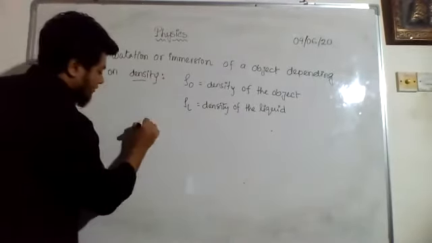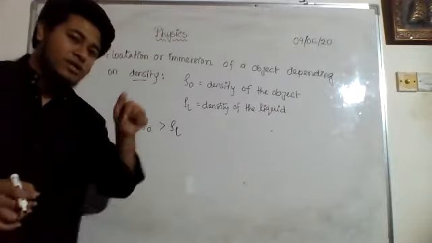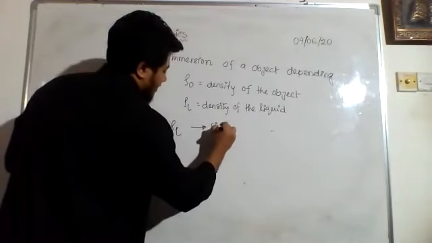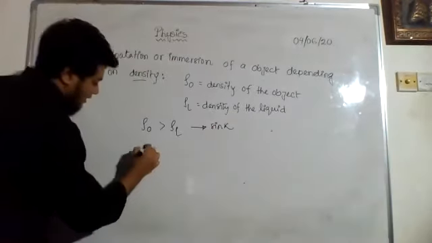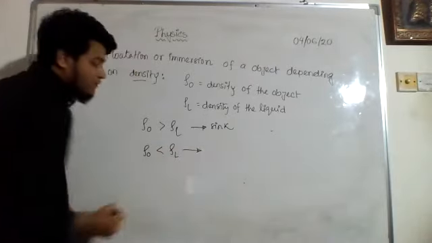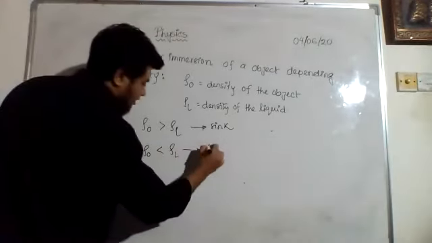If the density of the object is greater than the density of the liquid, then the object will sink. If the density of the object is less than the density of the liquid, then we can say the object will float.